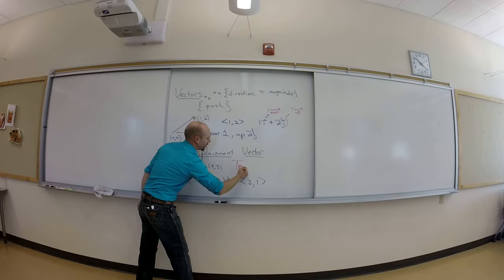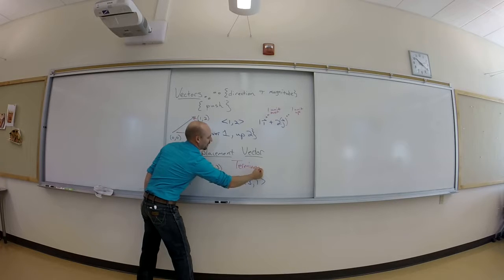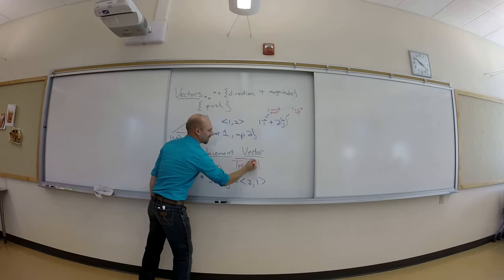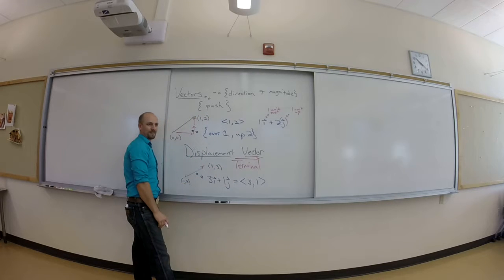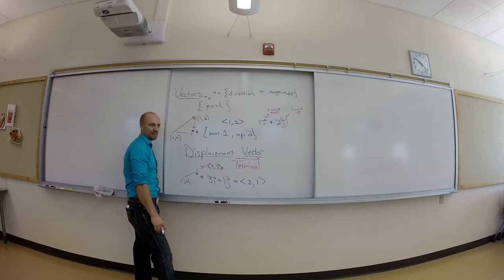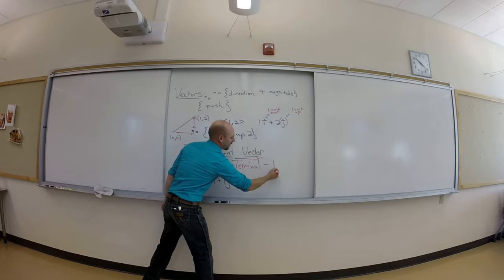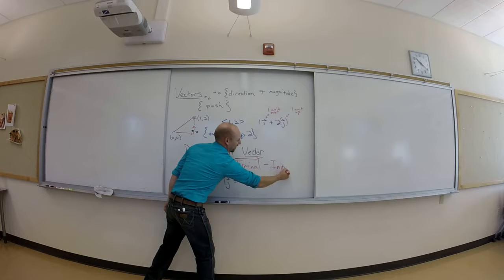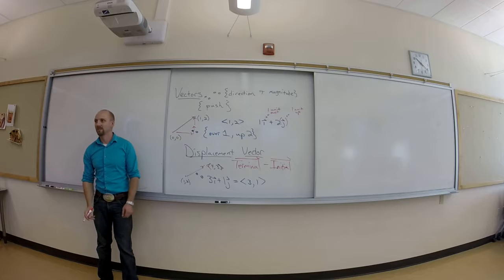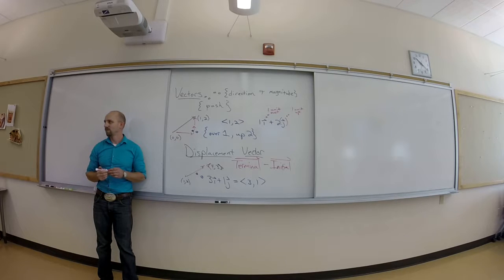You took the terminal point, thought about it as a vector. You kind of slapped vector things on this. And then you subtracted the initial point, thought of it as a vector. That's just the difference. You just subtracted the components.